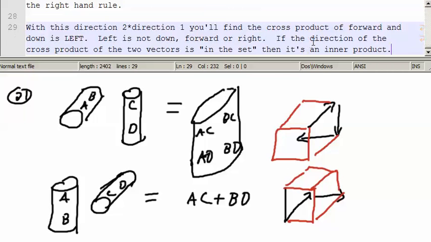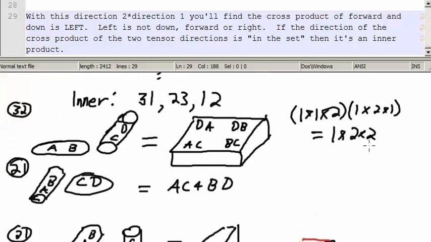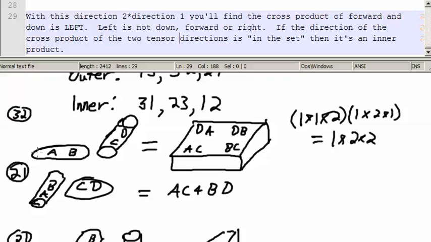If the direction of the cross product of the two, I should say directions, these aren't really the two, I'll call it tensor directions, is in the set, then it's an inner product. And if the direction of the cross product of the two tensors is not in the set, then it's an outer product.